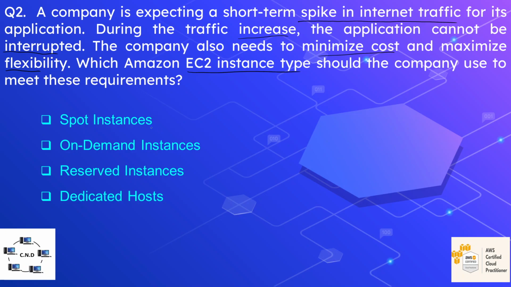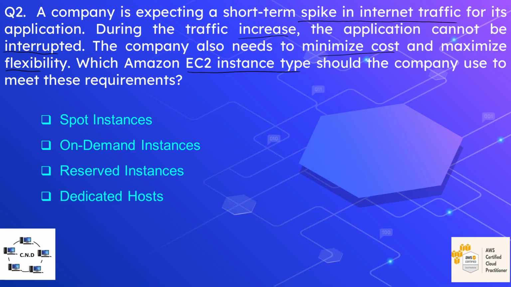So always remember that whenever there is a question about instance types, first of all you should consider the type of traffic, whether the traffic is steady or there is some increase or decrease in the traffic. And second, the duration, for how much time this instance will be used. So these are a few things to consider when determining the type of instance.